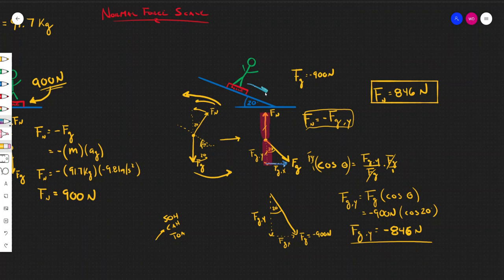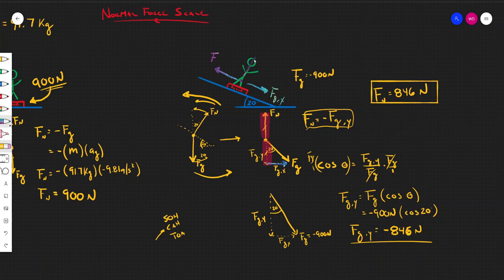This is the force of gravity's x component, and that's what pulls me down the ramp. If I'm not moving, that must tell us that there is some other force in this direction preventing us from sliding down, because if we're going to say F net is 0, then there is no motion up, down, left, or right.